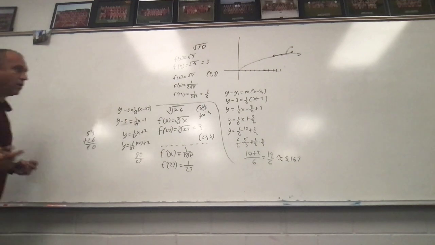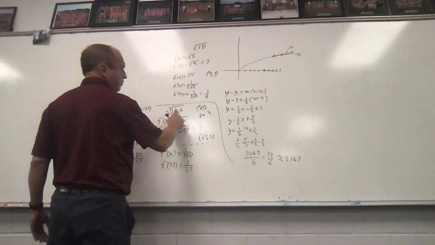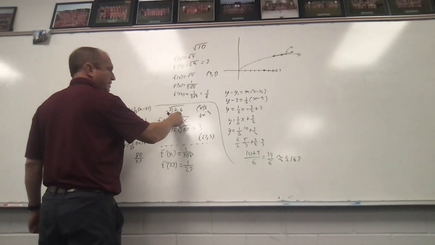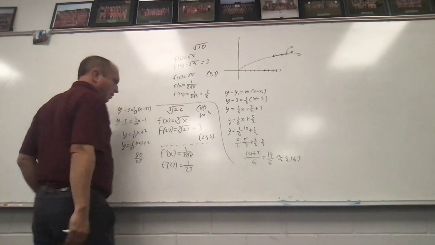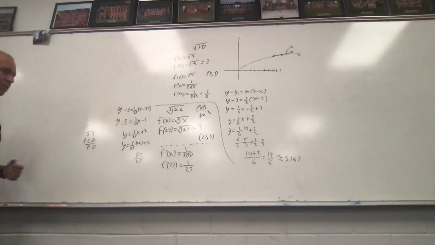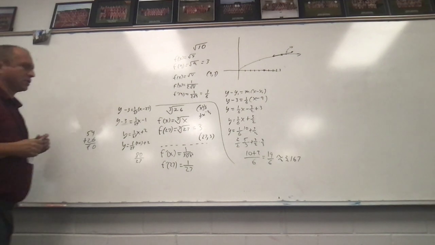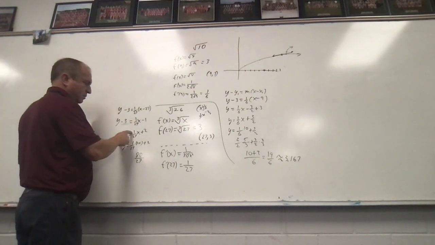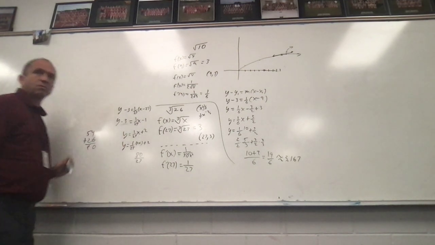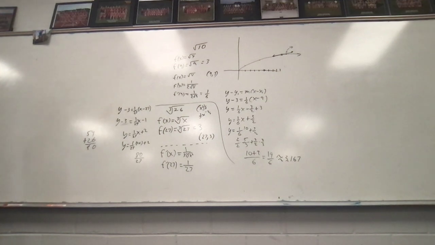The farther away you are from it, like if I'm trying to get the cube root of 24, it's not going to be as accurate because 24 is a little bit further away than 26 is from 27. But also, I know that this is going to be closer because this is not a very steep line. 1/27, that's not much change as far as slope from one unit to the next unit. So we can predict this to be really close.